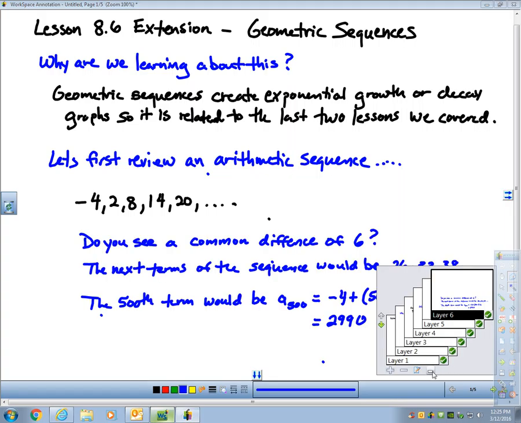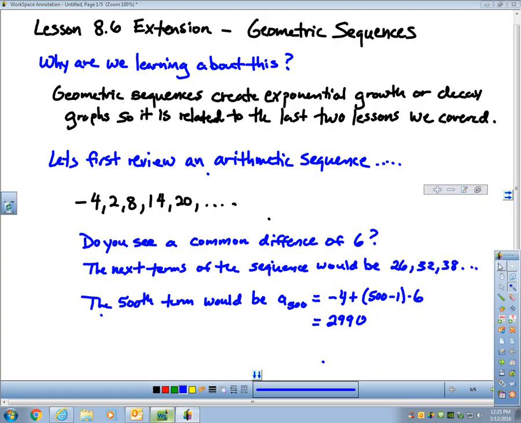The first thing we talked about was that in an arithmetic sequence, you can add or subtract consistently to get to the next term. Can you see a common difference of 6 here? We're adding 6 each time to get from one term to the next. So negative 4 plus 6 is 2, 2 plus 6 is 8, 8 plus 6 is 14, and so on.